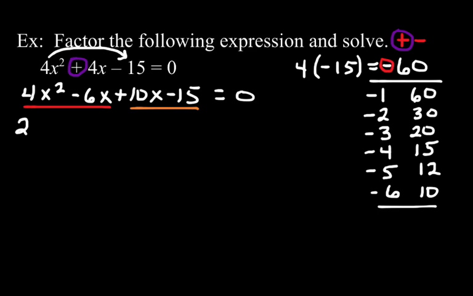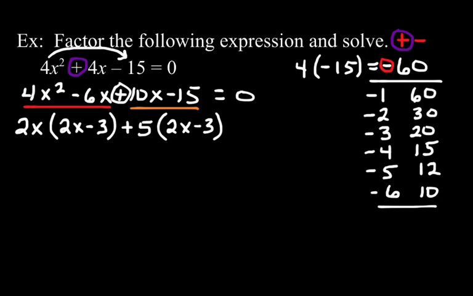Notice we can take out a 2x from both of these this time, and that will leave us with 2x, and then 6 divided by the 2 is going to be a negative 3. And then we have our plus sign. And let's see, what can we take out of here? A 5. So divide out a 5, and we would have 2x minus 3, and then equals 0.